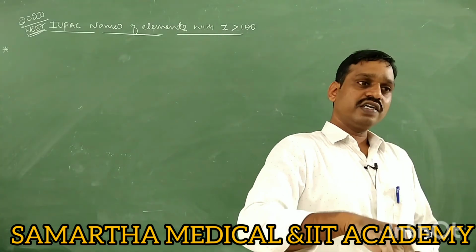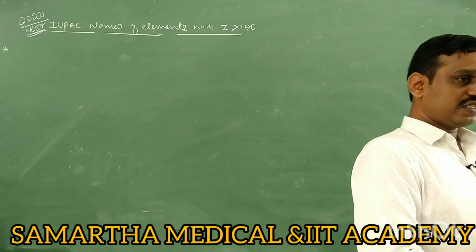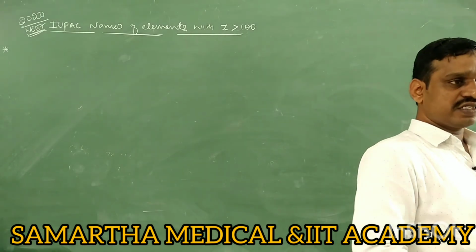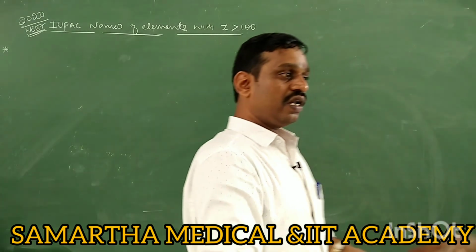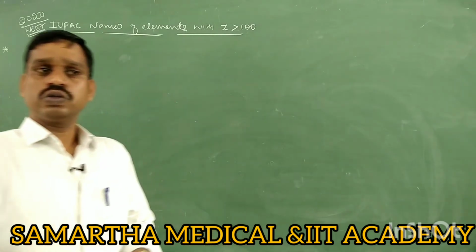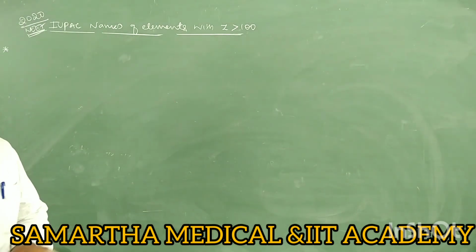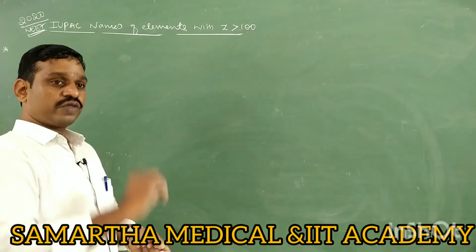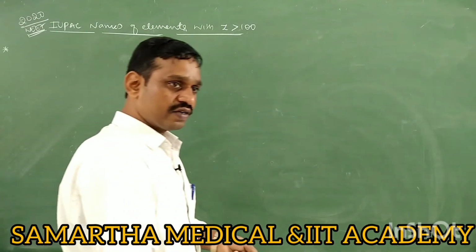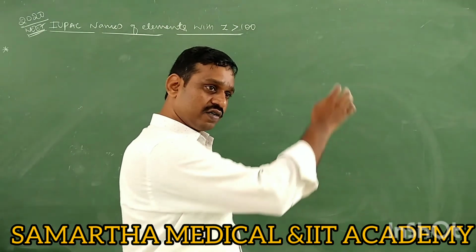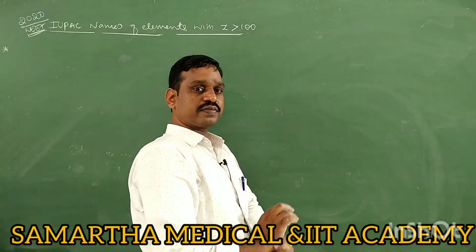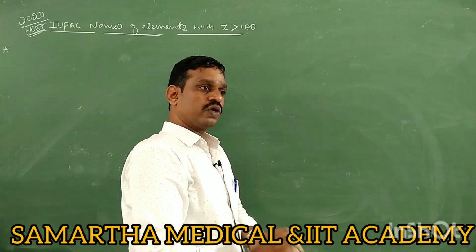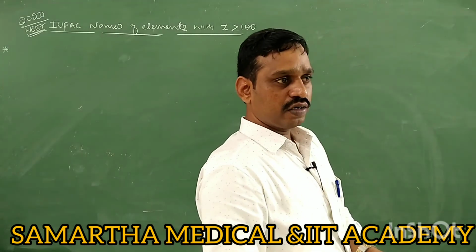For that IUPAC has given some simple guidelines, which help everyone to give the name. Even you can give the name. If a new element is identified, you can give the name based on its atomic number, its property. Okay, so it is easy to remember, right?